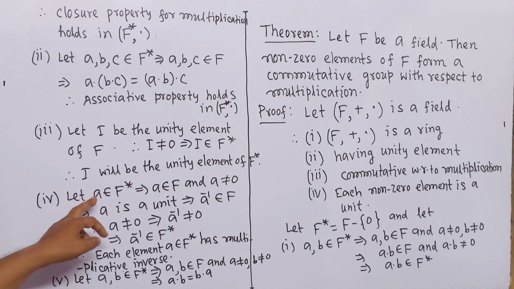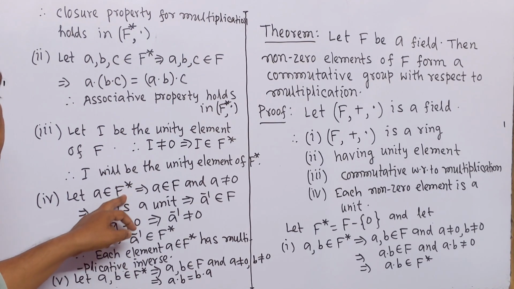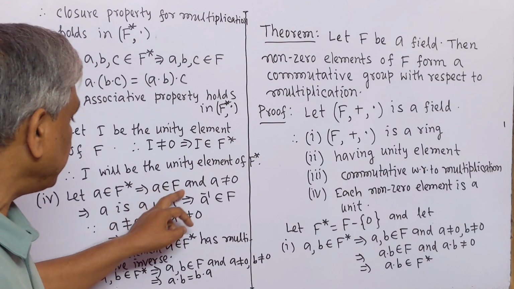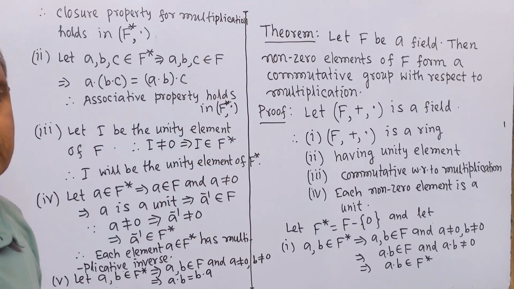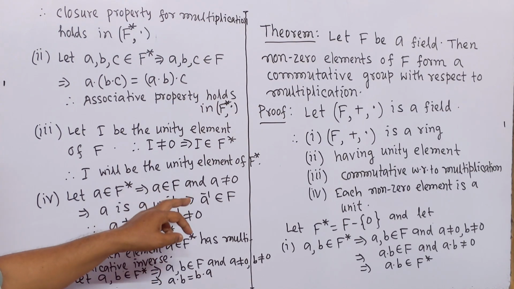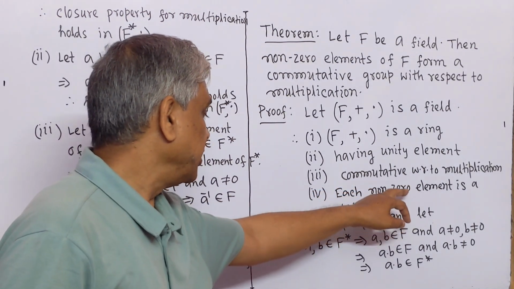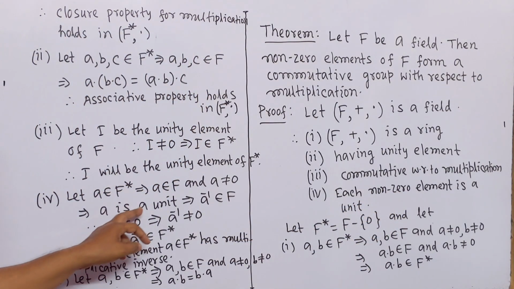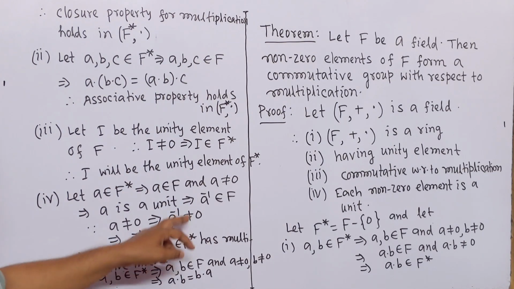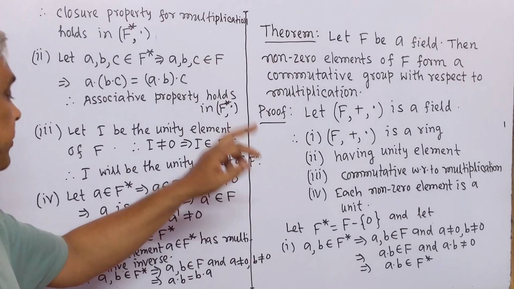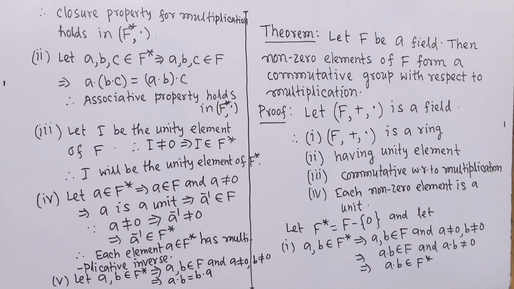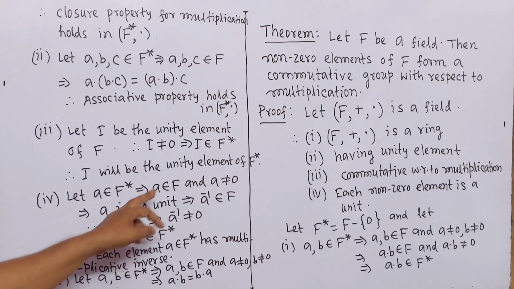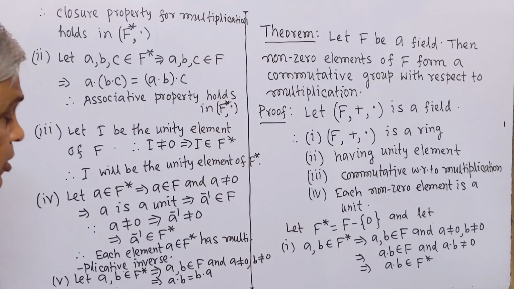Number 4, let a belong to F star and F star is subset of F, therefore a belongs to F and a not equal to 0, means non-zero element of F. Since each non-zero element of field F is a unit, therefore a is a unit, implies that a inverse belongs to F. Since a not equal to 0, implies that a inverse not equal to 0.